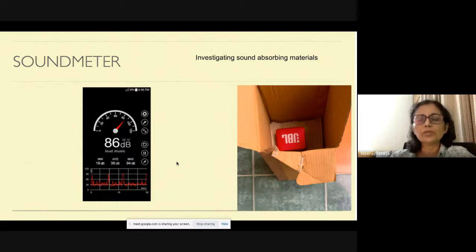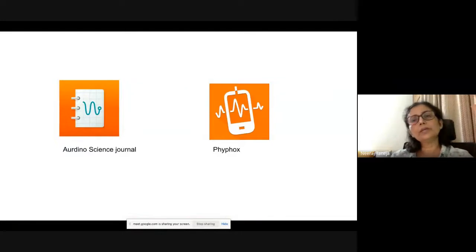We are just telling you about these tools which can be used for doing a number of different experiments. But these days we came across some applications which have a number of sensors clubbed into one. So if you can download Arduino Science Journal, we will be explaining how you can perform experiments using the different sensors available in it.